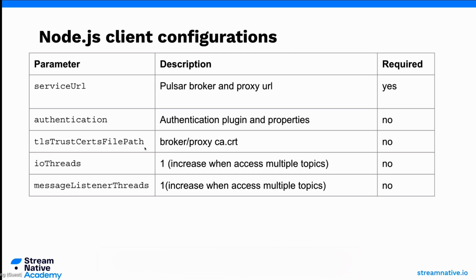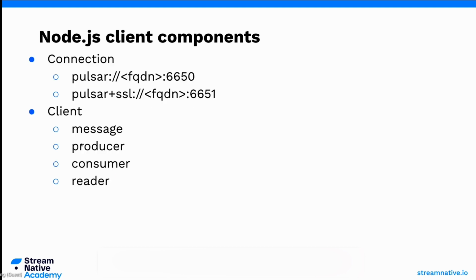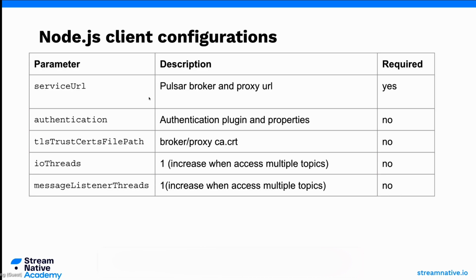This is a must-have if you have an SSL connection. You will need to specify where the ca.crt is, so your client can verify that your broker is signed by this CA.